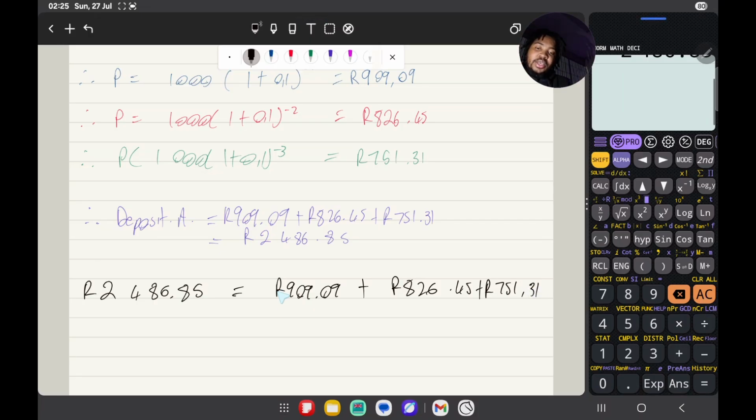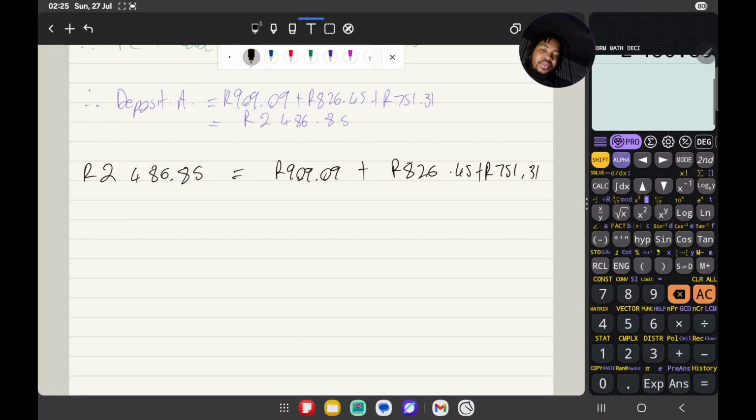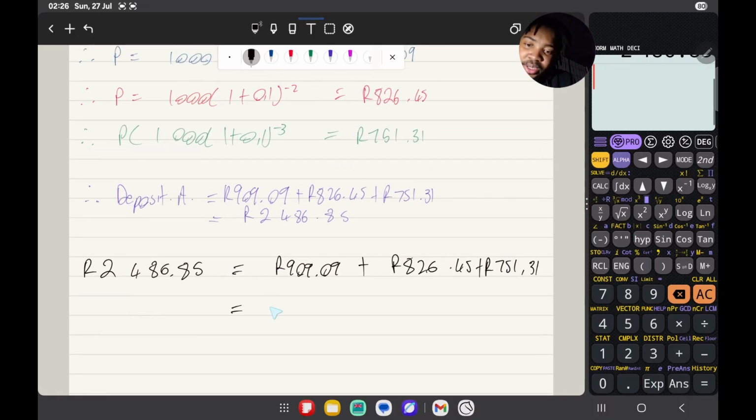So now the thing is, these values, it's like a series. How did we get these values? We got them by saying here it was 1,000 into (1 plus 0.1) to the negative 1, plus 1,000 into (1 plus 0.1) to the negative 2, plus 1,000 into (1.1) to the negative 3.